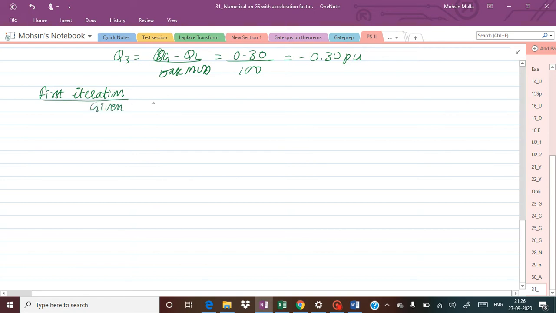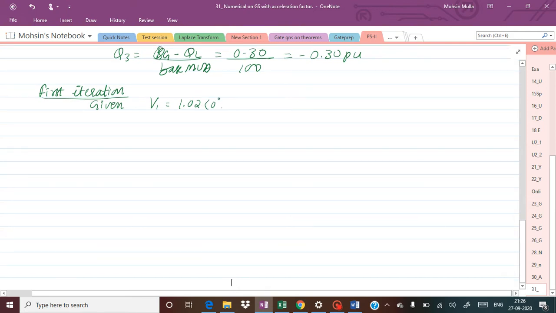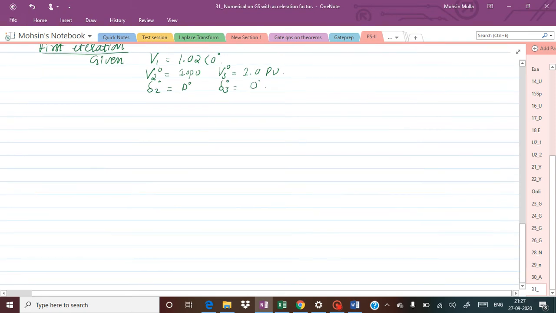So given is v1, which is 1.02 at an angle of 0 degrees, and we need to assume v2 of 0 to be 1.0 per unit. v3 of 0 is also 1.0 per unit. Del 2 of 0 is going to be 0 degrees, and del 3 of 0 is going to be 0 degrees. Okay, so those are the initial values that we need to assume.